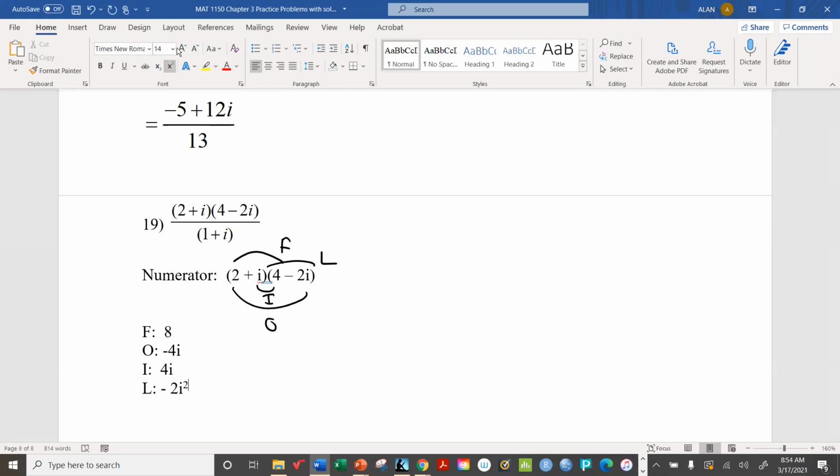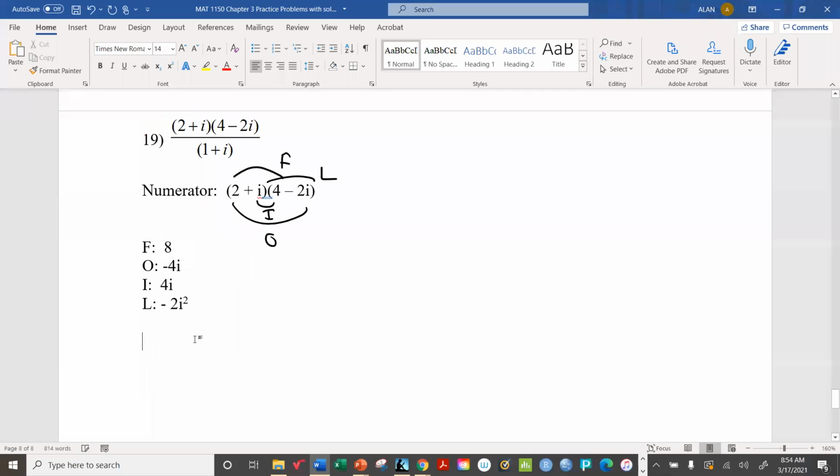All right, 8. Now, this is just a coincidence that these two cancel out because those are not complex conjugates of each other, but it happens that way sometimes. So we just have 8 minus 2i squared. And of course, that i squared is replaced with negative 1.